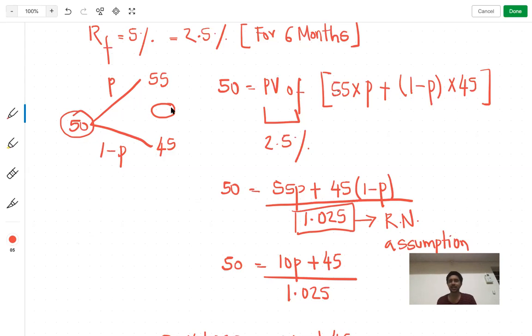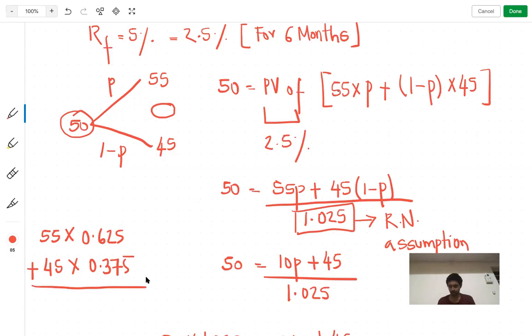Let us calculate what the expected cash flow here is. It is 55 into 0.625 plus 45 into 0.375.